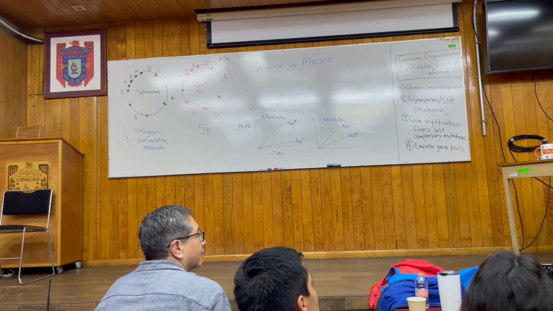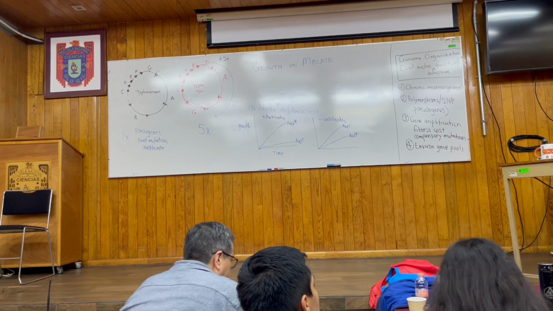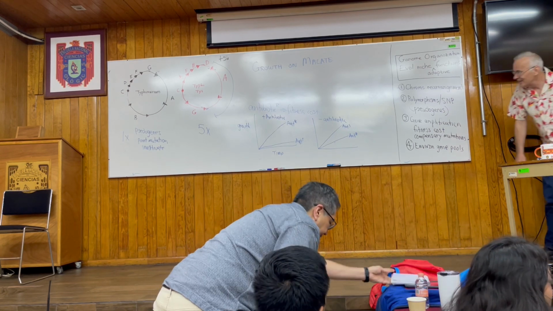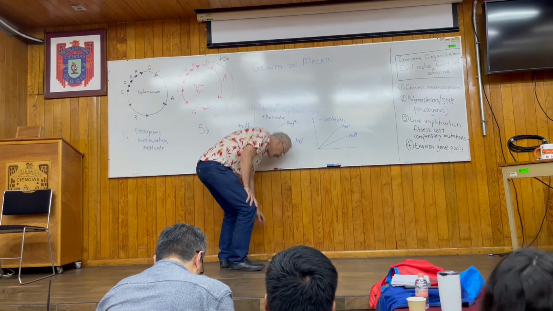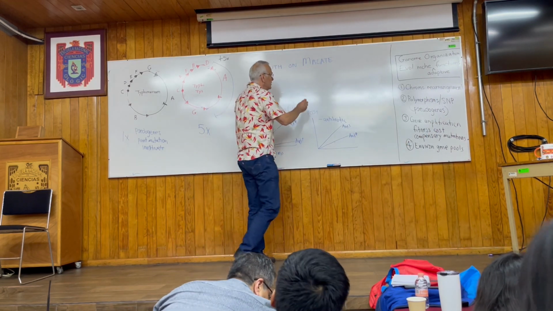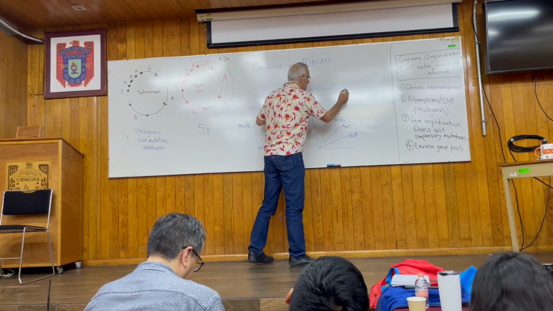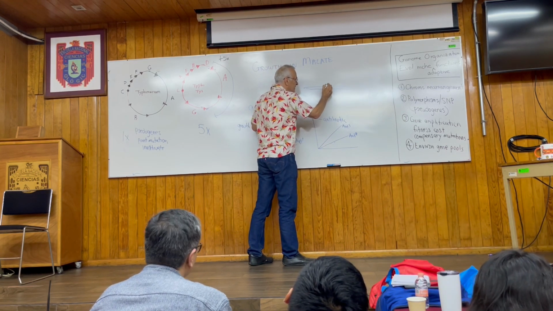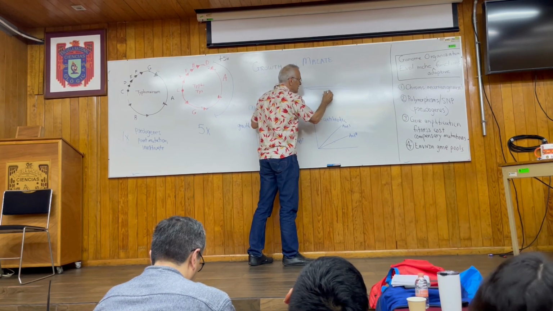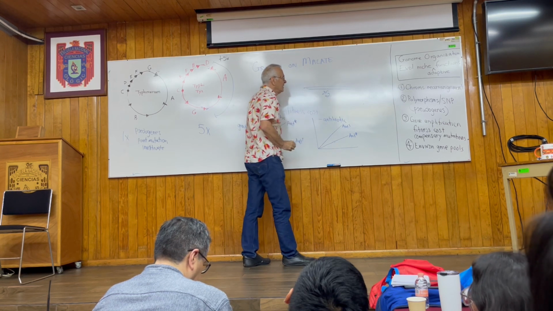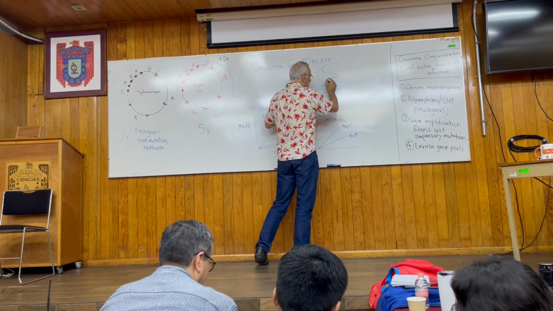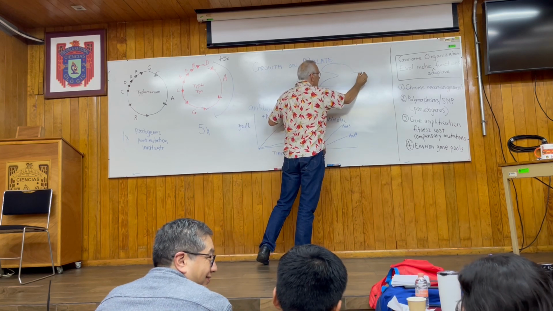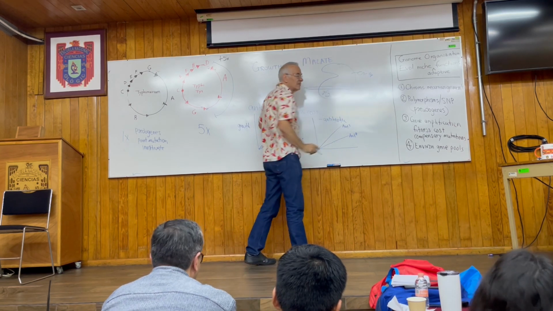And the other example is that, let's see if I can get this right. So if you want to target a particular site, whatever your favorite gene, you need to express this Cas9 protein, right?